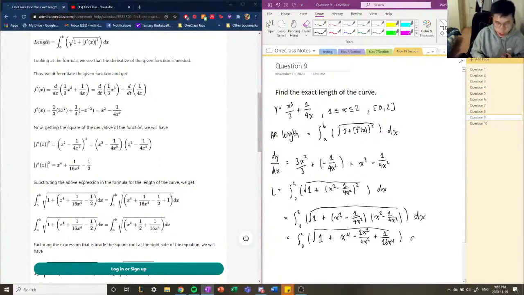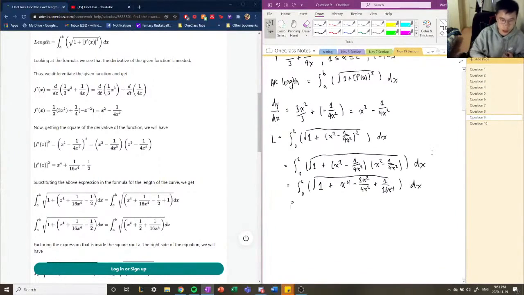This can be simplified to 1 plus x to the power of 4 minus 1/2 plus 1 over 16x to the power of 4. Okay, cool. So we end up with this integral after a lot of calculations.